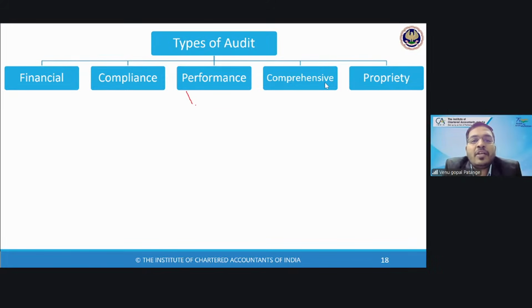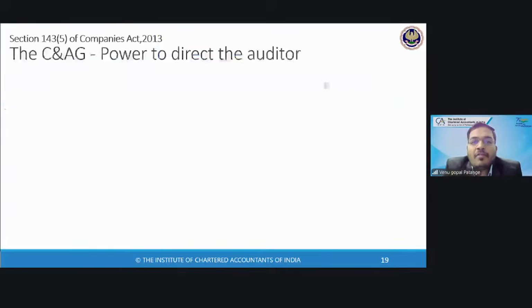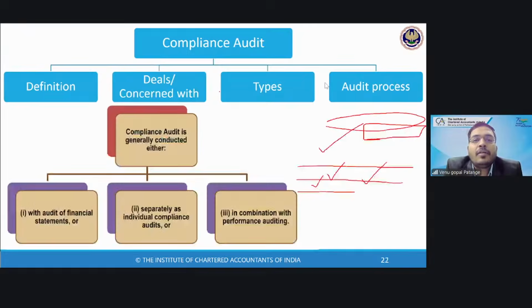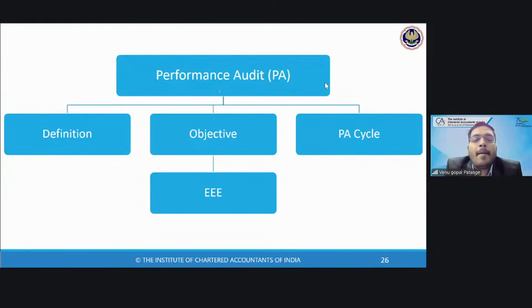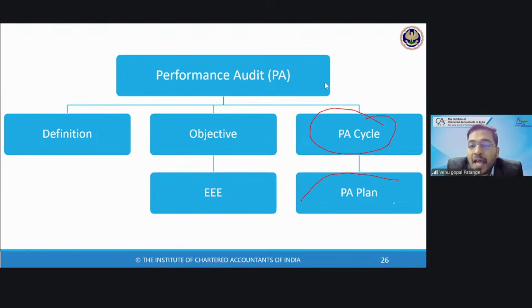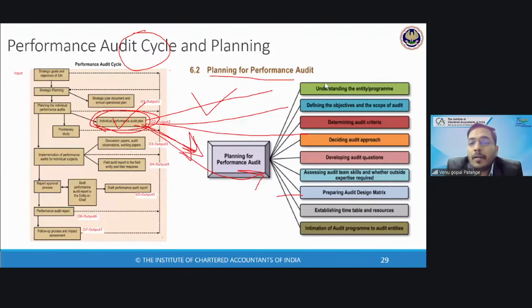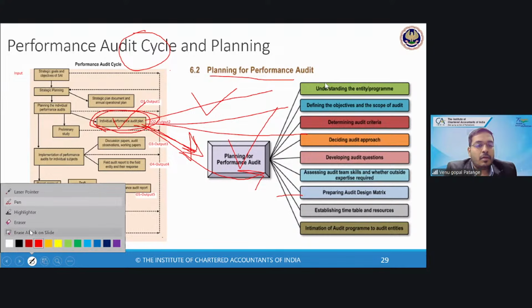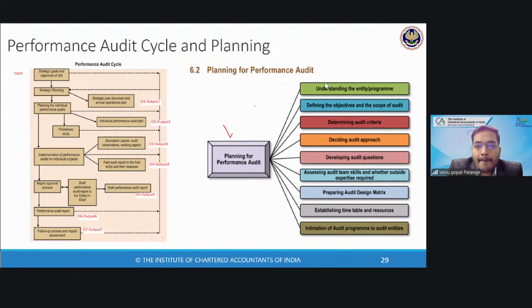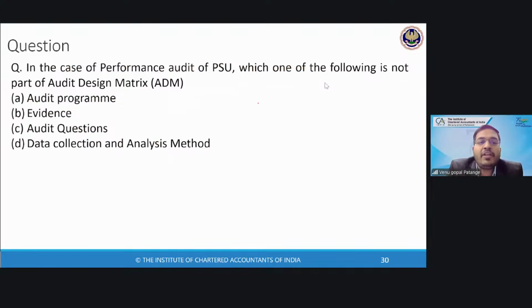So types of audit, from performance, then you have the PA cycle, which is a high level, national level document, then to the PA plan, then to this. Clear? Yes, sir. Once you are clear, we'll take a question.